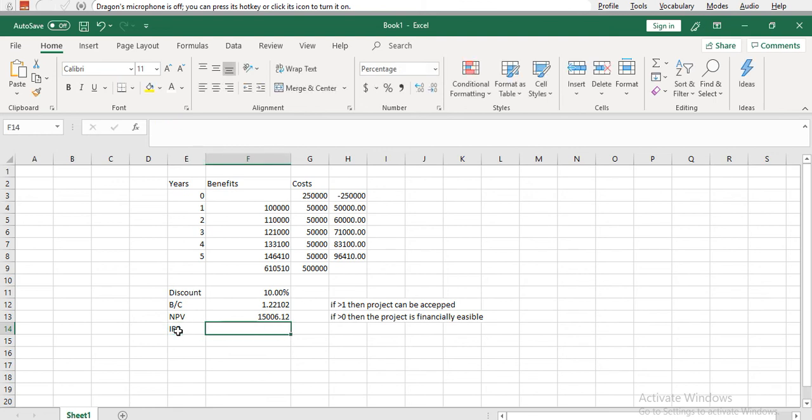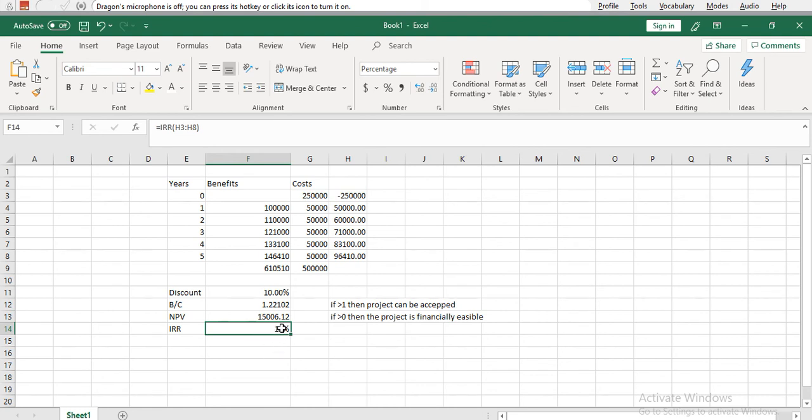So IRR is equal to IRR of, take your actual investment to the last value. I formatted these values as numbers and included the initial cost in the formula. So we get 12%.